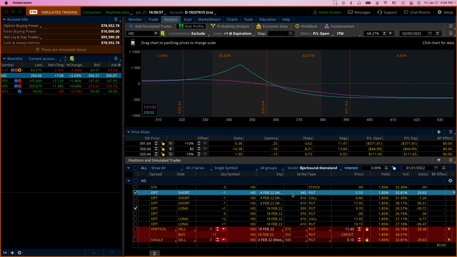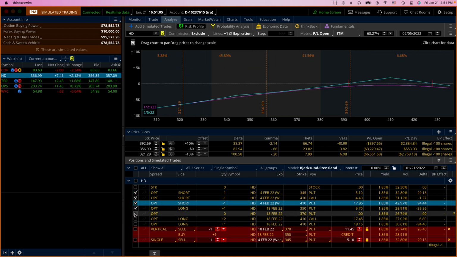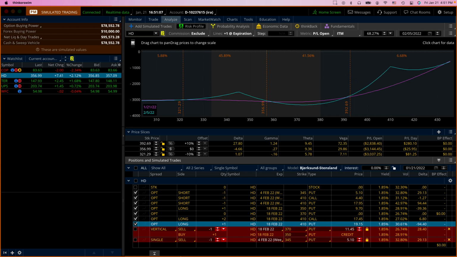You can sell more puts against it. When this is about to expire, you can roll it over. That's a way to overall reduce or increase my delta to make it more positive. And you can see that it's more neutral, close to 4.